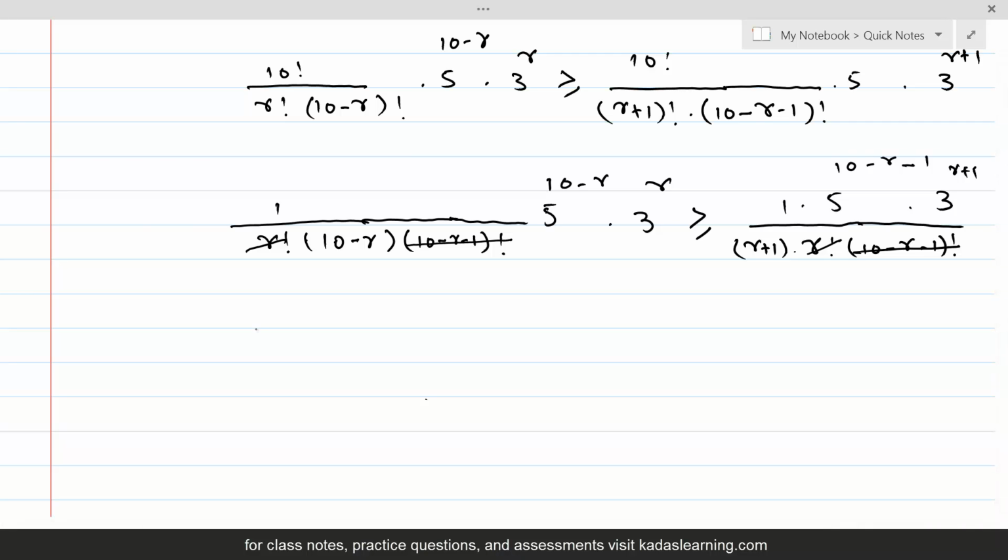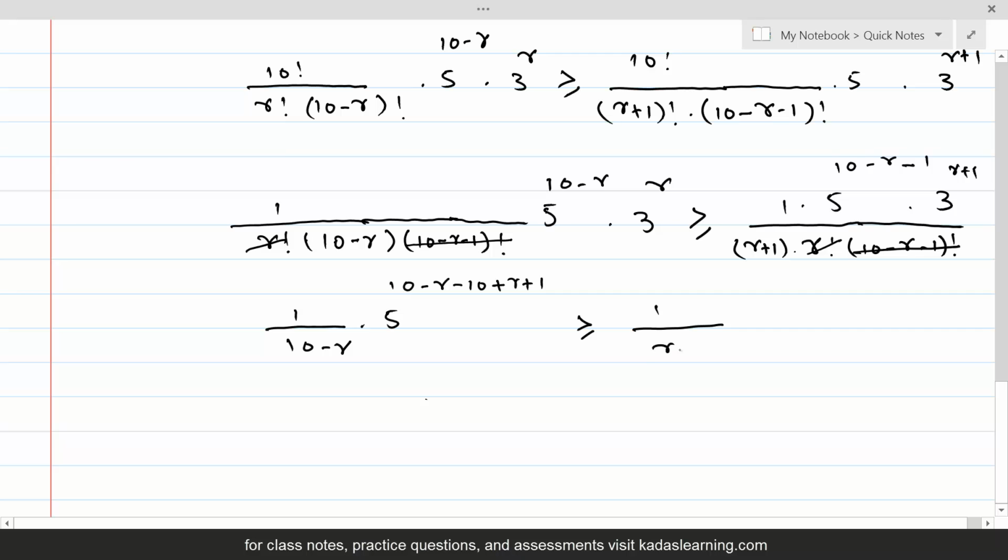And what we are left with is, on this side we are left with 1 over 10 minus r times, if we have 5 on this side and anything from the other side comes on this side, power will become negative: 10 minus r minus 10 plus r plus 1, and this will become greater than or equal to 1 over r plus 1 times 3 power r plus 1 is already on that side, and if we take 3 power r from this side to the other side, this will become power minus r.